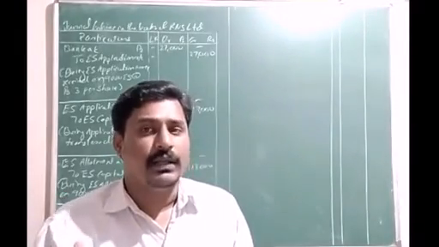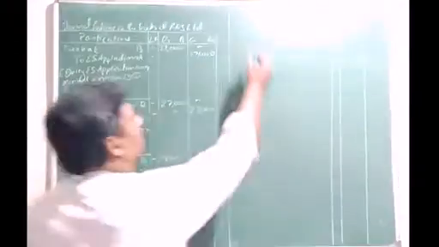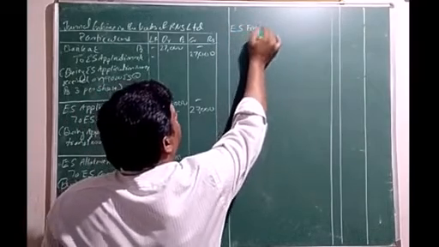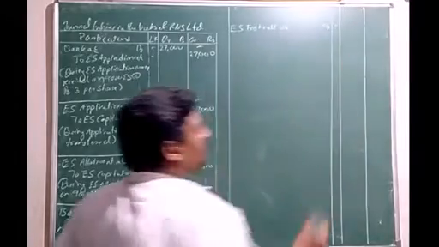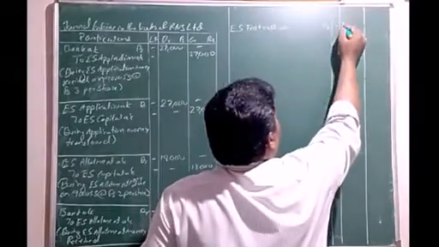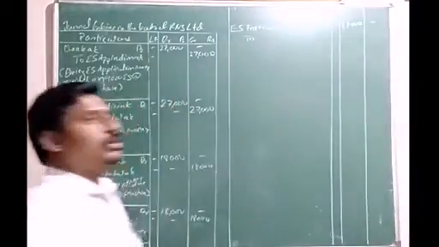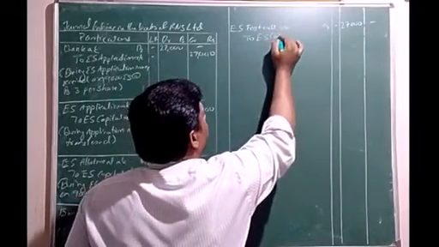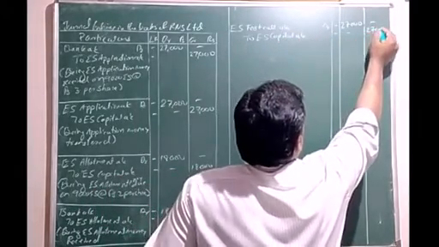Now we are calling ₹3. So the entry for first call money becoming due: equity share first call account debit. ₹3 on 9,000 shares, total ₹27,000. We are transferring this amount to equity share capital account, ₹27,000.